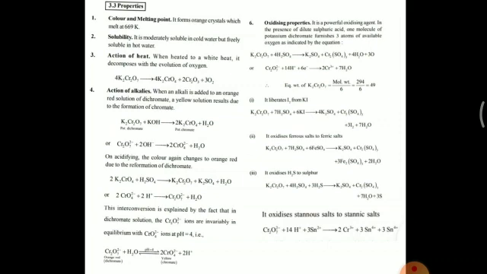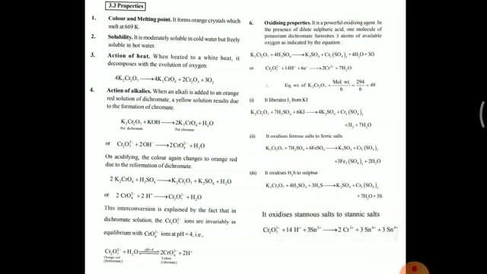The equation you are seeing: K2Cr2O7 plus 7H2SO4 plus 6FeSO4 gives rise to K2SO4 plus Cr2(SO4)3 plus 3Fe2(SO4)3, ferric sulfate, plus 7H2O. Here the orange red solution turns into green due to the formation of chromic sulfate.